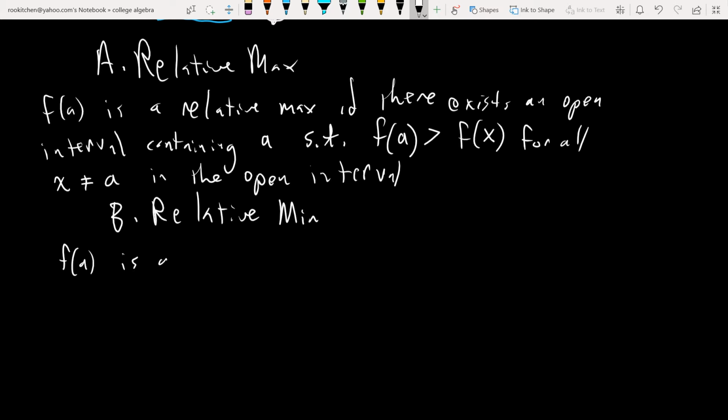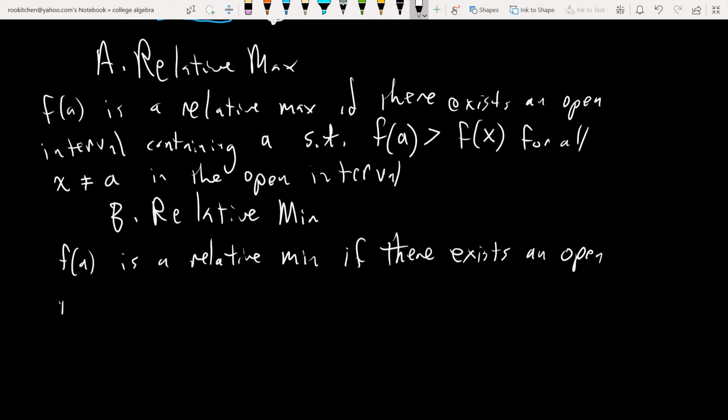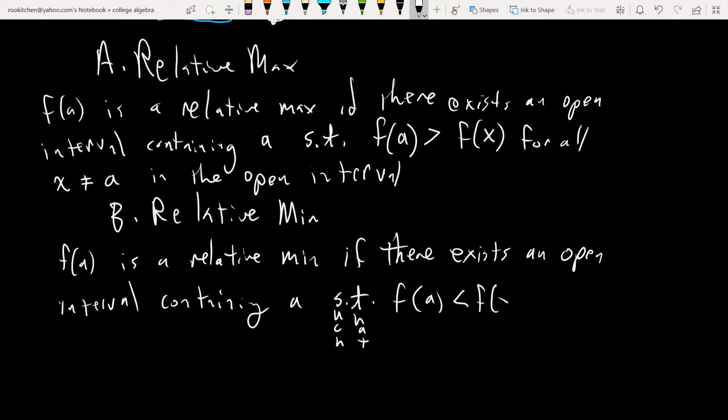F of A is a relative min if there exists an open interval containing A such that, that S.T. means such that, sorry if you didn't catch that, such that F of A then is less than F of X for all X not equal to A in that given open interval.